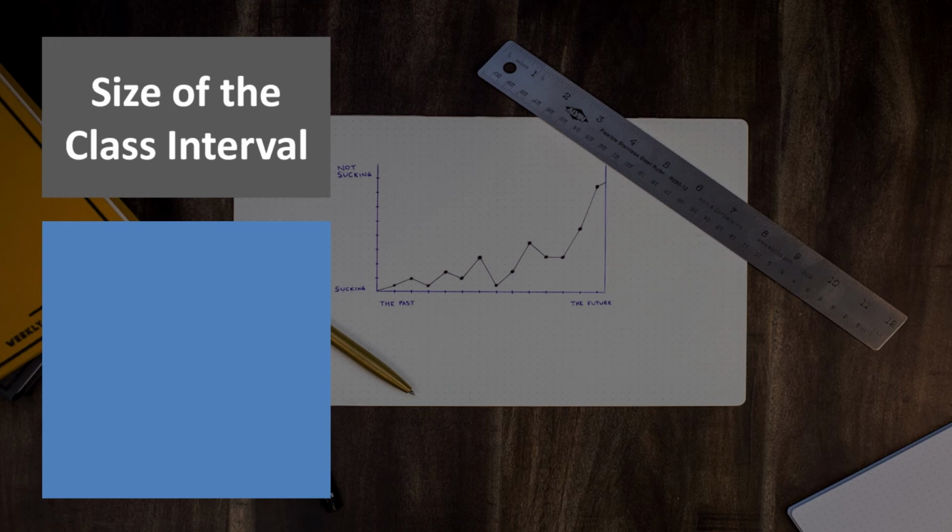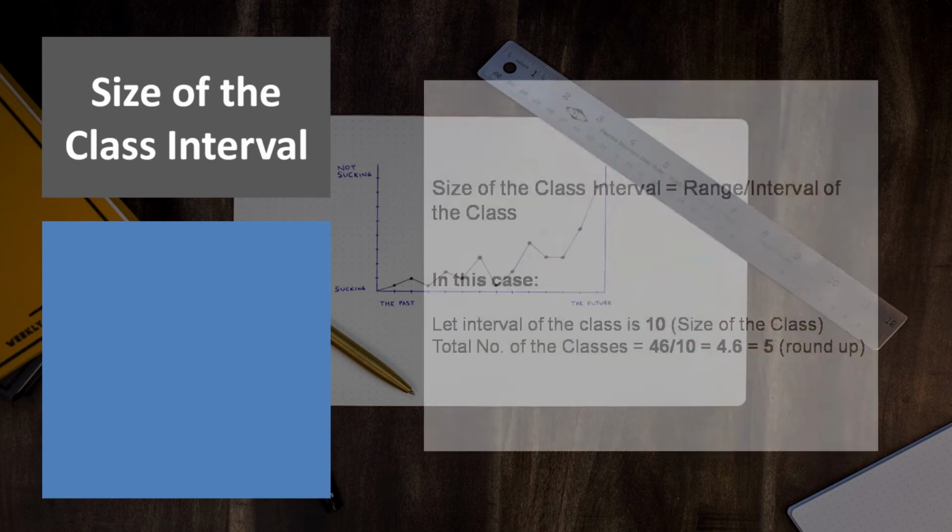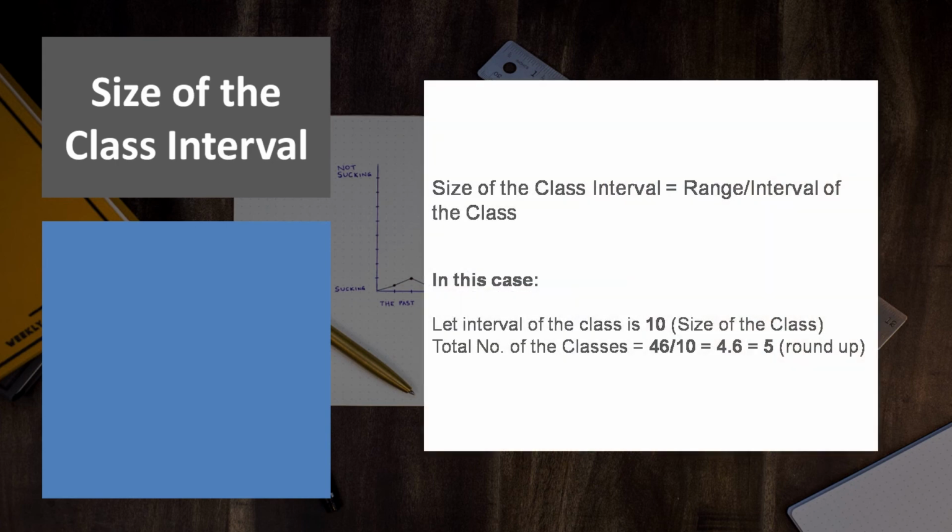And what will the interval be? Whether the interval of the class will be 5 or 10, it is up to you. To determine the size of the class interval, the formula you can use is range divided by the interval of the class. Range we have already discussed.